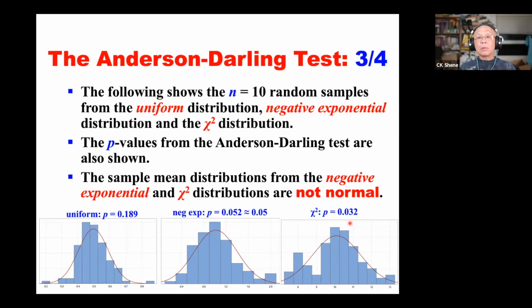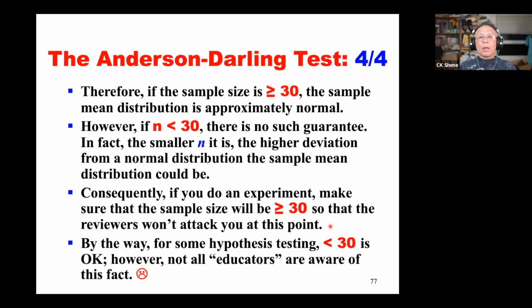Well, we have evidence showing that the sample mean distribution from chi-square is not normal. We use the Anderson-Darling test to verify the central limit theorem. Hopefully you understand this. If the sample size is larger than or equal to 30, the sample mean distribution is approximately normal.